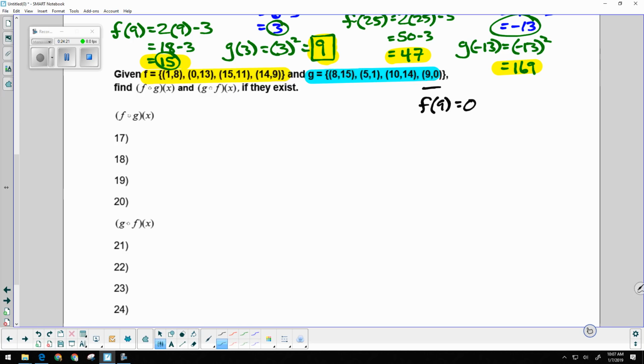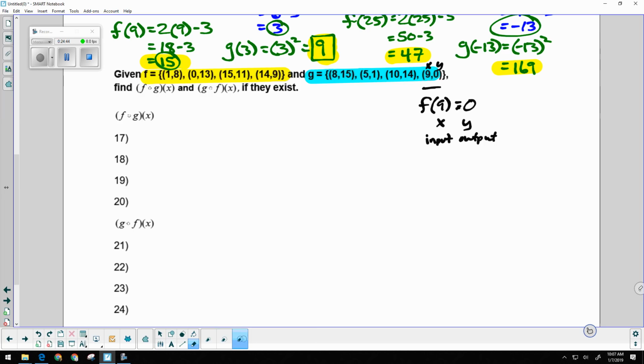Remember, function notation, if you write it out completely, is another way to say x-coordinate, y-coordinate, input, output. And ordered pairs, x-coordinate, y-coordinate, input, output. It's the same thing, just written a little bit differently.